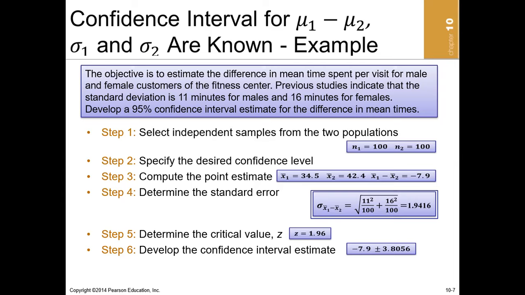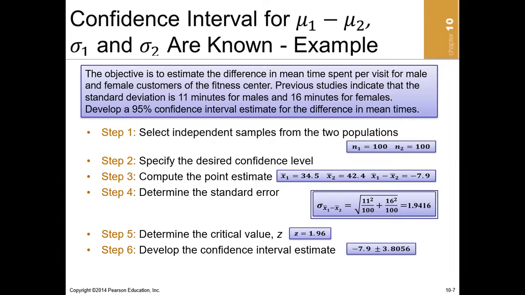For male and female customers of the fitness center. So here, what it means is that we have the average for two separate groups, okay? And that will mean that we are estimating a confidence interval for independent samples, right? So we will apply the formula. Now the question says, previous studies indicate that the standard deviation is 11 minutes for males.